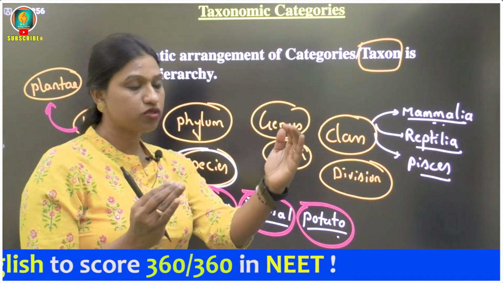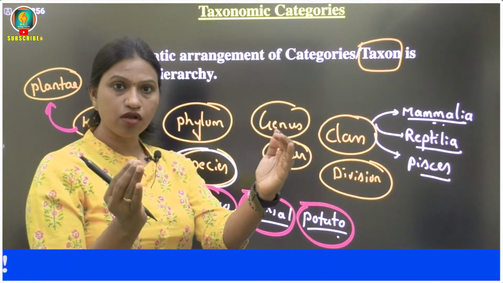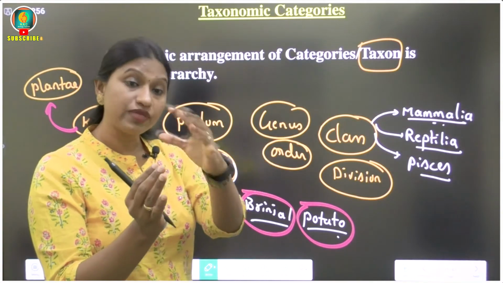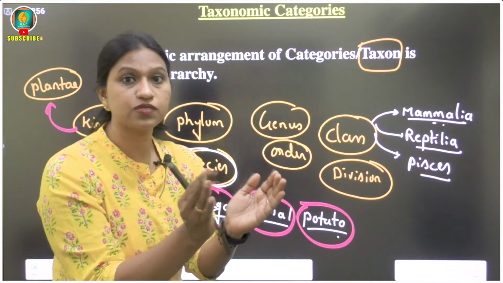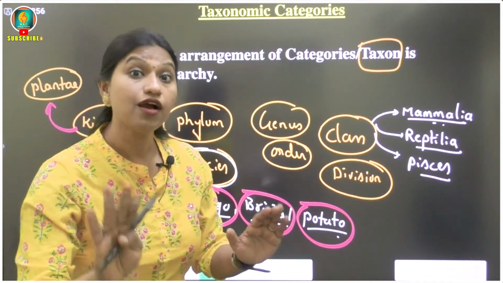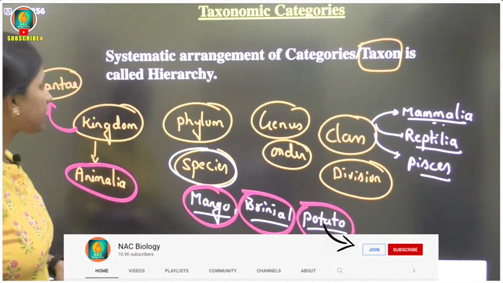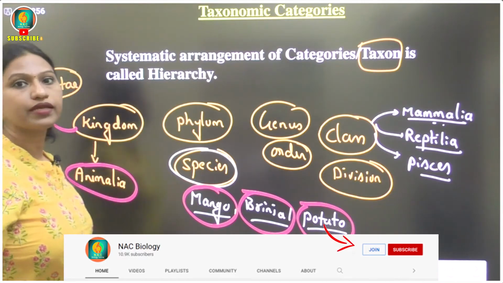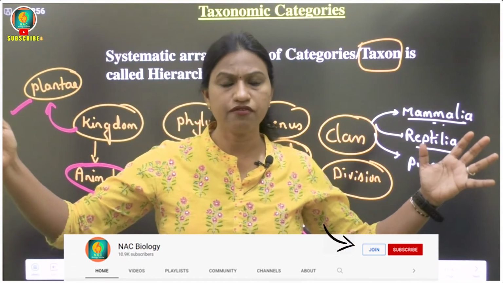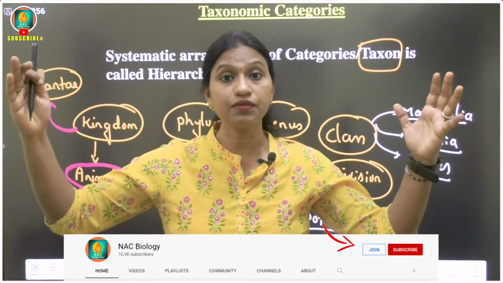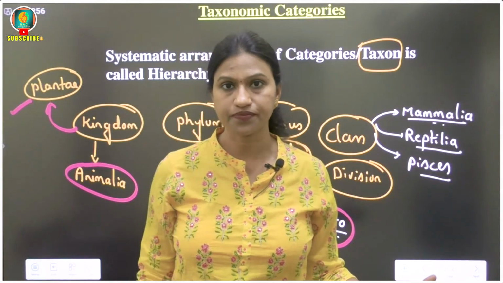I cannot say mango, brinjal and potato should come together in one species. No, I shouldn't say like that. But if I consider all three together, I can put them in a kingdom called Plantae. So that's why Plantae is a very big kingdom, or the kingdom itself is a very big taxon.